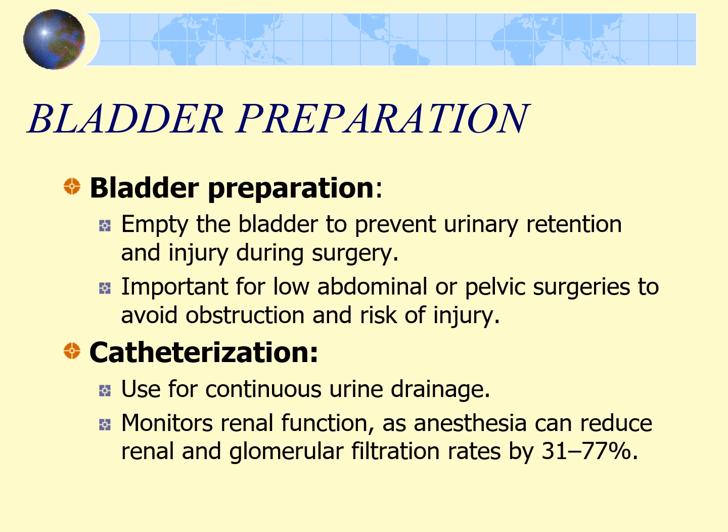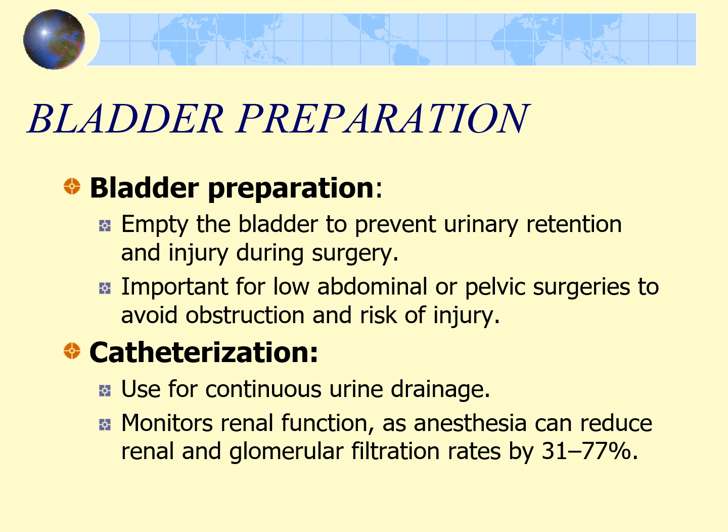Physical preparation for surgery also includes bladder preparation to prevent urinary retention during induction and the operation, as well as to avoid accidental injury. Emptying the urinary bladder before surgery is essential, especially in cases of low abdominal or pelvic procedures, where a full bladder can obstruct access to the surgical site and increase the risk of damaging the bladder wall.